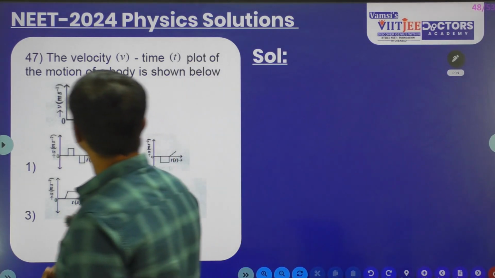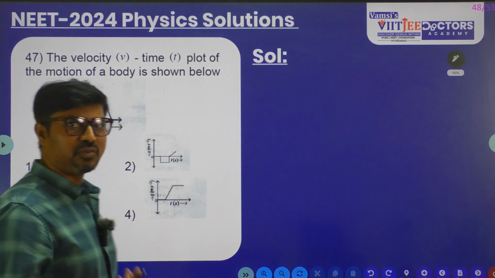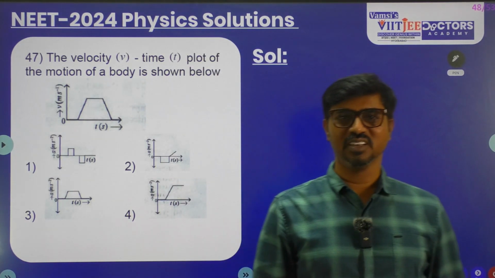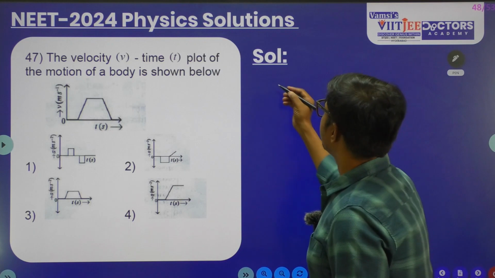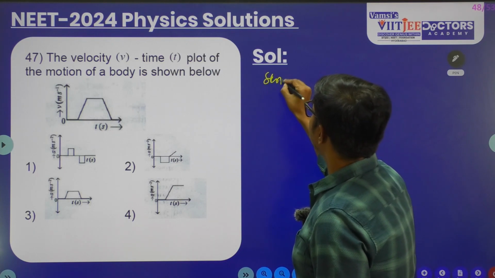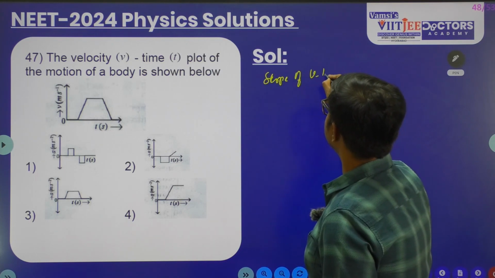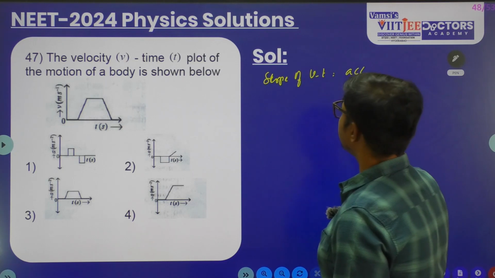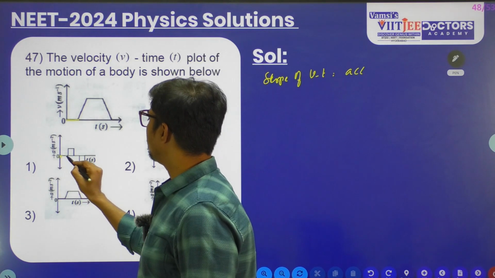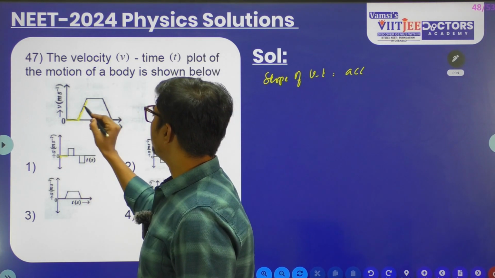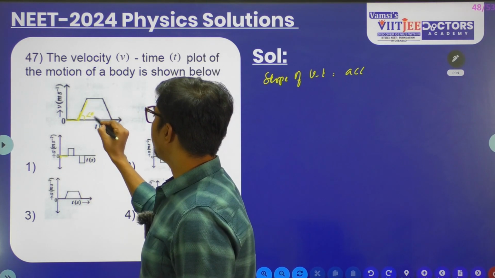Okay, velocity versus time graph is given. I was just waiting. Where is the velocity time graph? Graph question has to be there, no? Kinematics question. So you see here, slope of VT graph. You should know that slope of VT graph has to be acceleration. Here slope is 0, meaning acceleration 0. Here slope is positive because it is making acute angle less than 90.